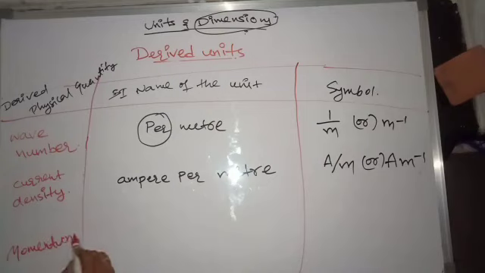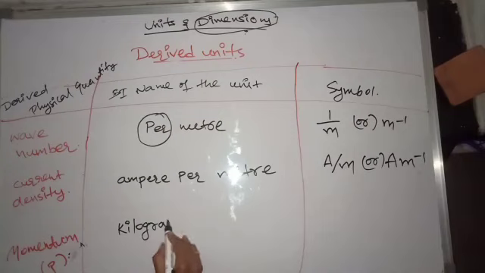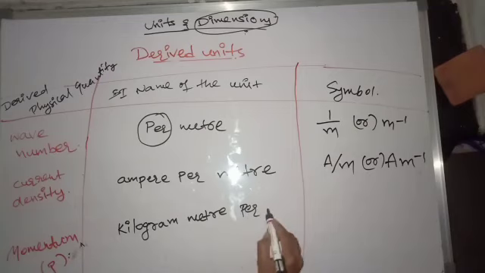And one more is momentum. It is denoted with P actually. Momentum P equals m into v, kilogram into meter per second.